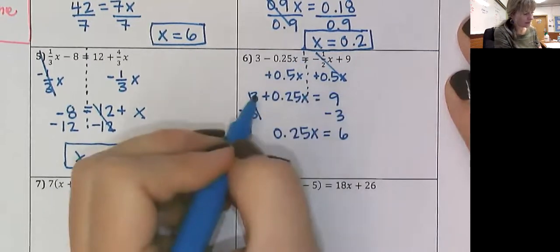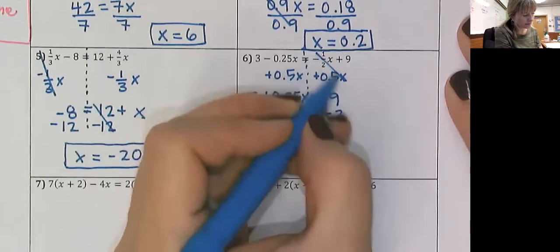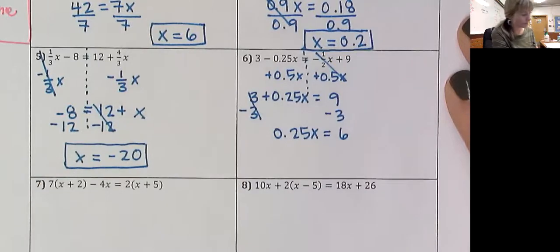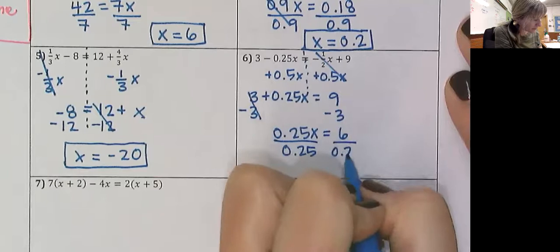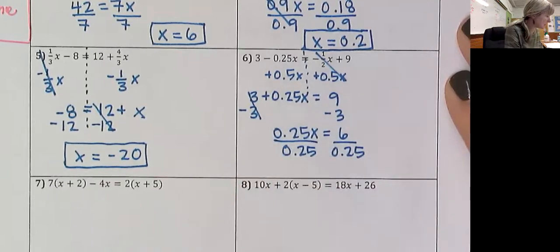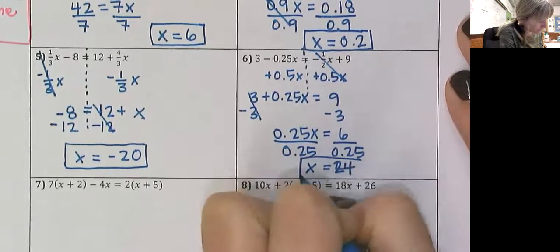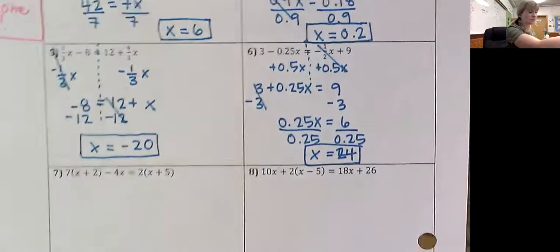I zero out one of the variables and then I zero out one of the numbers. And notice if I zero out a variable on the right, I'm zeroing out a number on the left and vice versa. Divide by 0.25, divide by 0.25. 6 divided, oh, it's going to be 24 because it's like times by 4. 24, x equals 24.